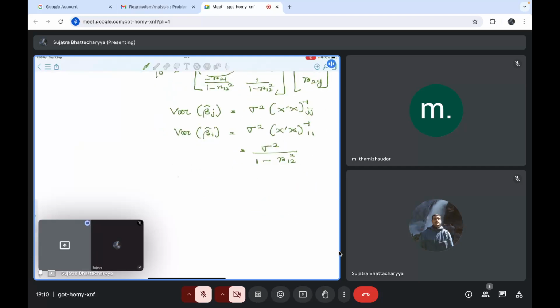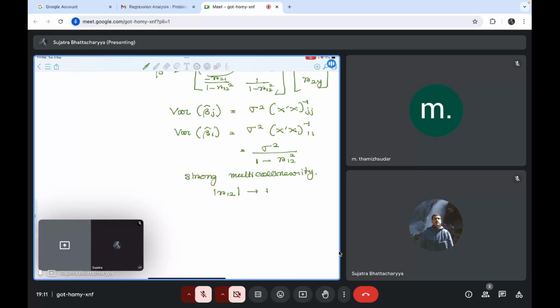Now, if there is strong multicollinearity, your linear dependence is high. So modulus of R12 will tend to 1. Why modulus? Because correlation can have minus as well as plus value. That's why a modulus is given.